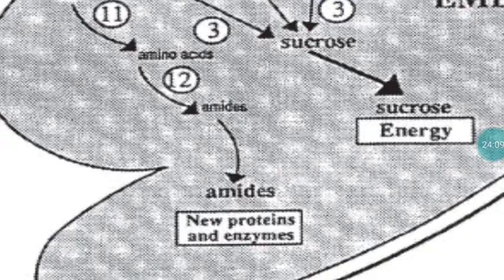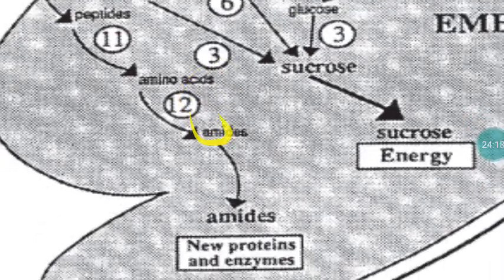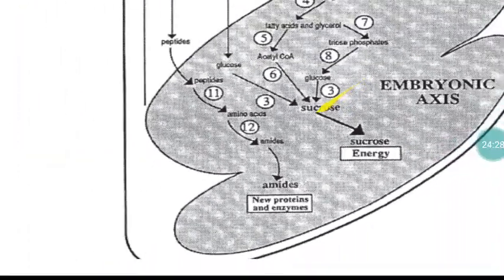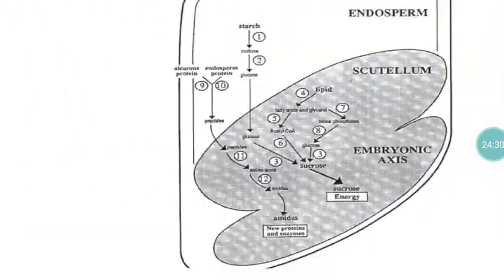Sometimes a part of the amino acids is also converted and used for energy generation. But for most of the protein molecules, the breakdown product is available in the form of amino acids. So all those amino acids will be utilized by the embryo for body building function. So this is happening inside the monocot.